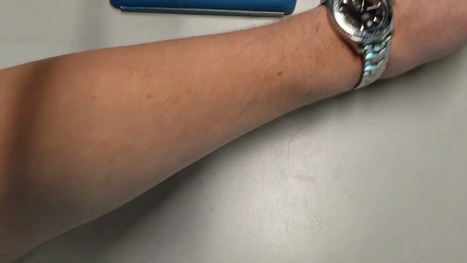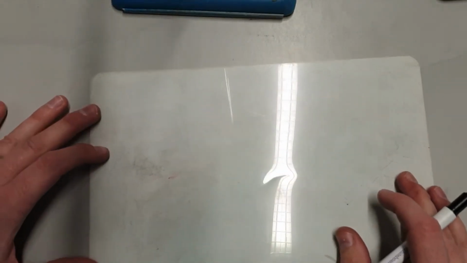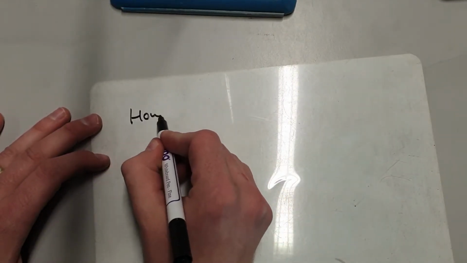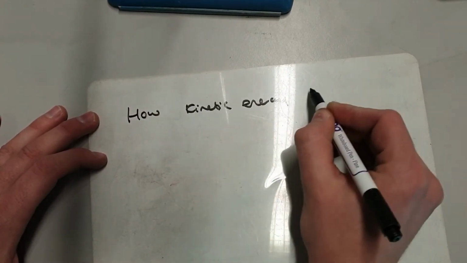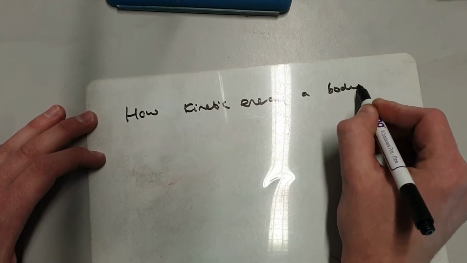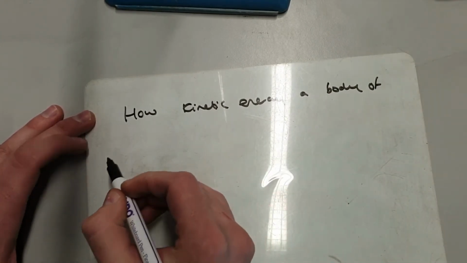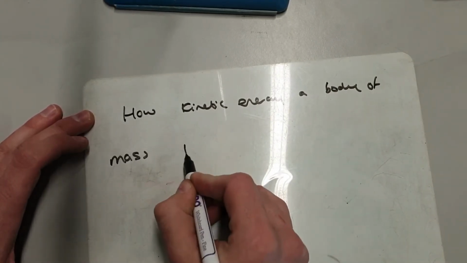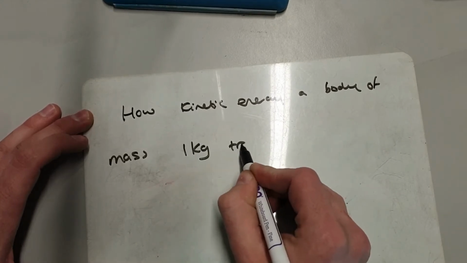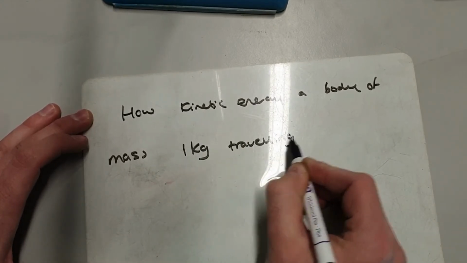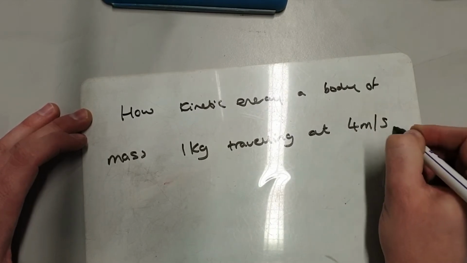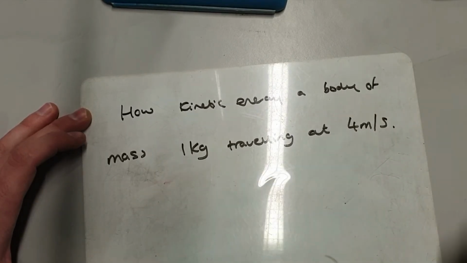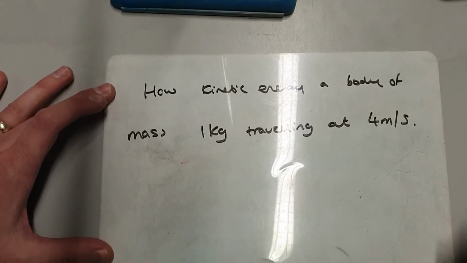So let's start with an example. Say I was trying to find out how much kinetic energy a body of mass 1 kilogram travelling at 4 meters per second has.